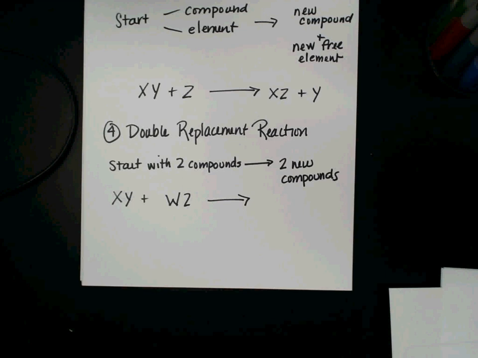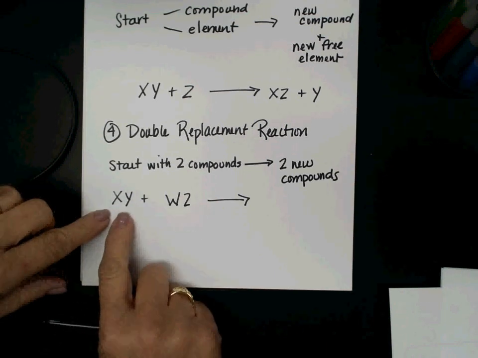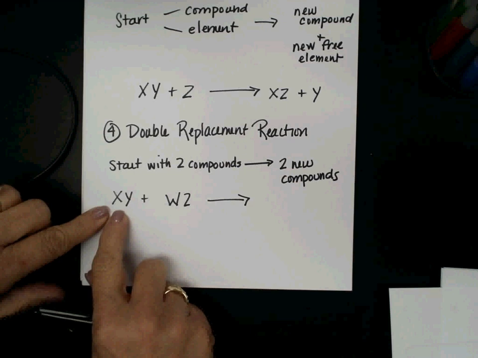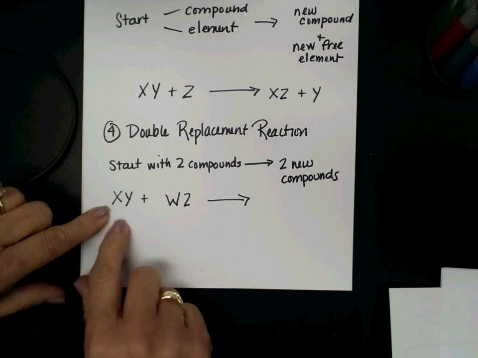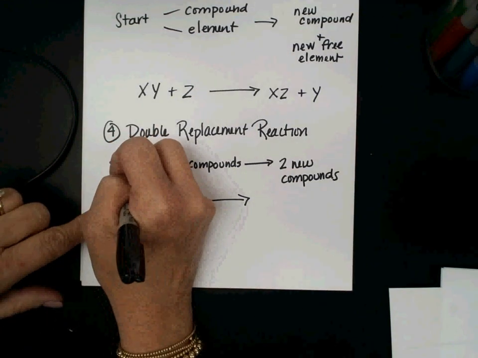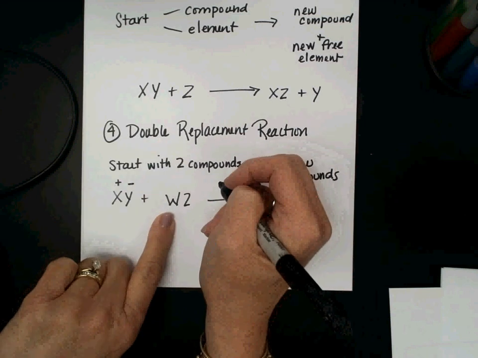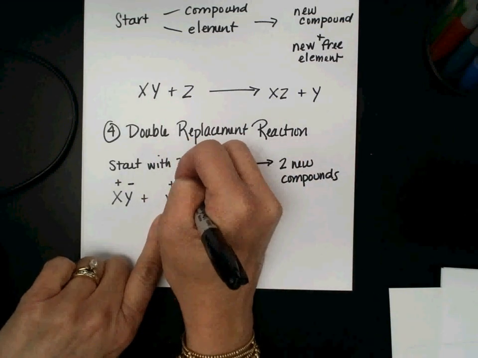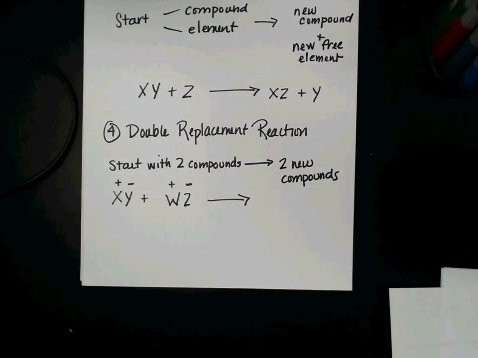yields. And let's think about this, because a lot of times these are ionic compounds that you're dealing with. So if this XY is an ionic compound, what's the charge on the X? Yeah, this would be my positive, this would be my negative. If this is an ionic compound, my W would be my positive, and my Z would be my negative.